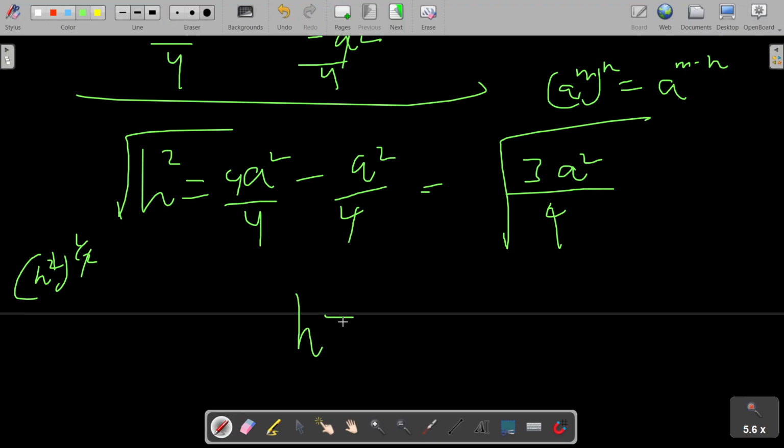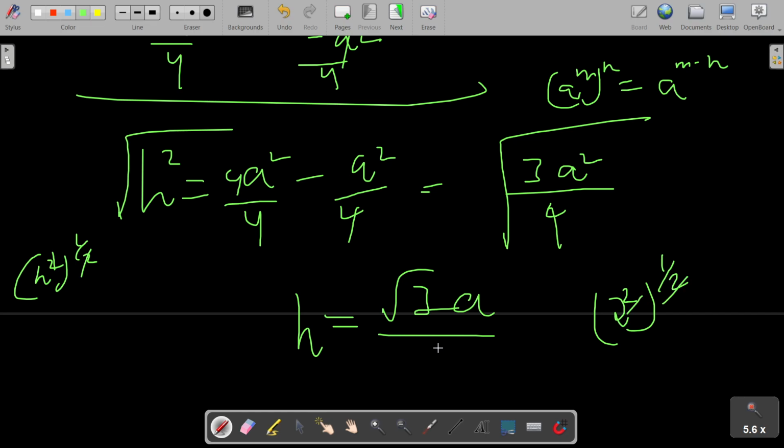We are left with h only. So this becomes root 3, and a squared square root gets cancelled, and 4 is 2 squared. So 2 squared whole power 1 by 2, the 2 gets cancelled, and we are left with 2 only.